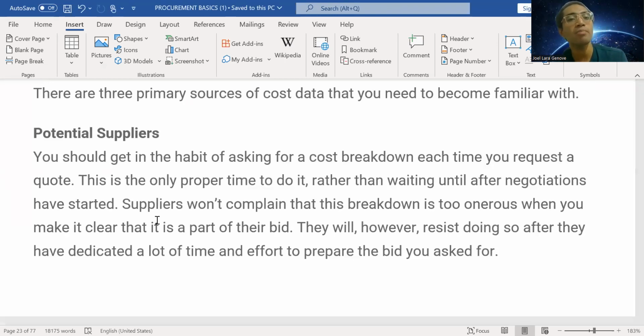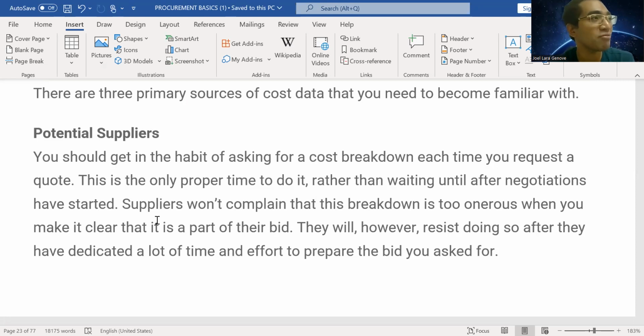This is the only proper time to do it, rather than waiting until after negotiations have started. Suppliers won't complain that this breakdown is too burdensome when you make it clear that it is part of the bid. They will, however, resist doing so after they have dedicated a lot of time and effort to prepare the bid. You ask potential suppliers.